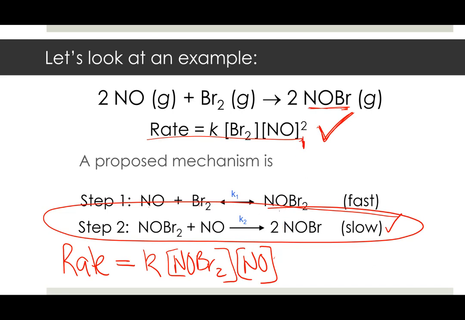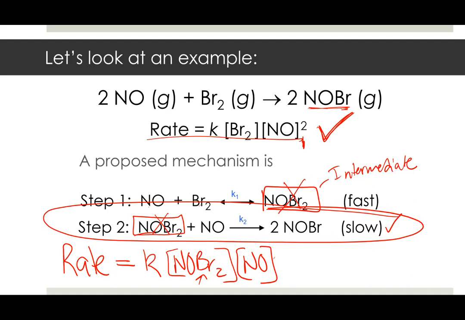The second problem is, what is this guy right here? What is NOBr2? Yeah, it's a reaction intermediate. Okay, so this is an intermediate. We produce it in one step, we consume it in another step, and it's not found in the overall reaction. So intermediates do not belong in our rate law.